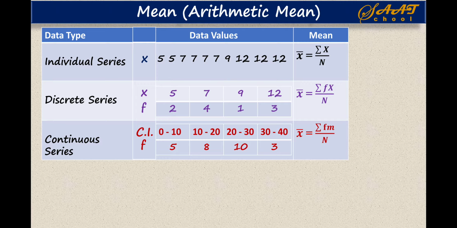Finally, in case of continuous series, we find the mid value of the class interval, and then we multiply that mid value with f and find the sum of fm and divide by n. So these are three series: individual, discrete, and continuous, and we have three different formulas to calculate them.